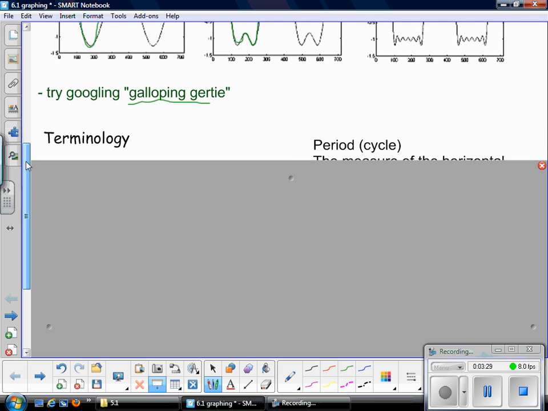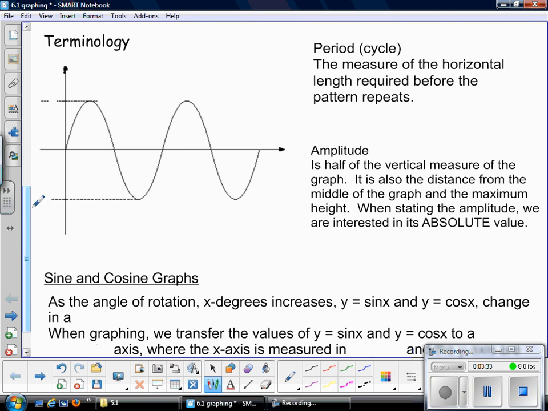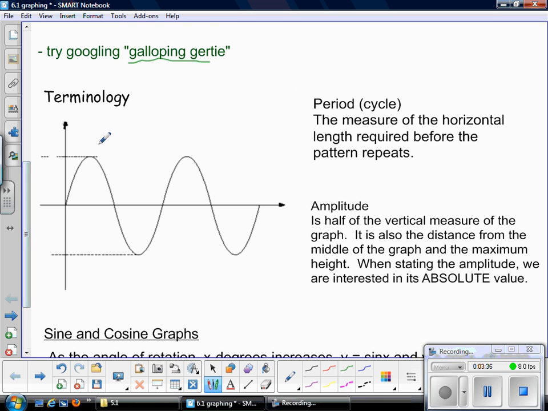Let's talk a little bit about terminology. The two really big things are period, sometimes called cycle, especially in physics. It's the measure of the horizontal length required before the pattern repeats.